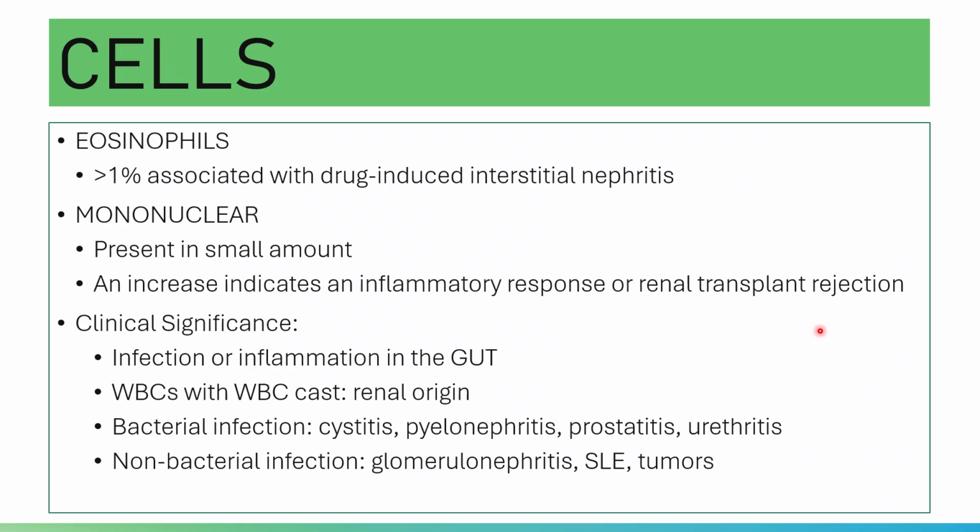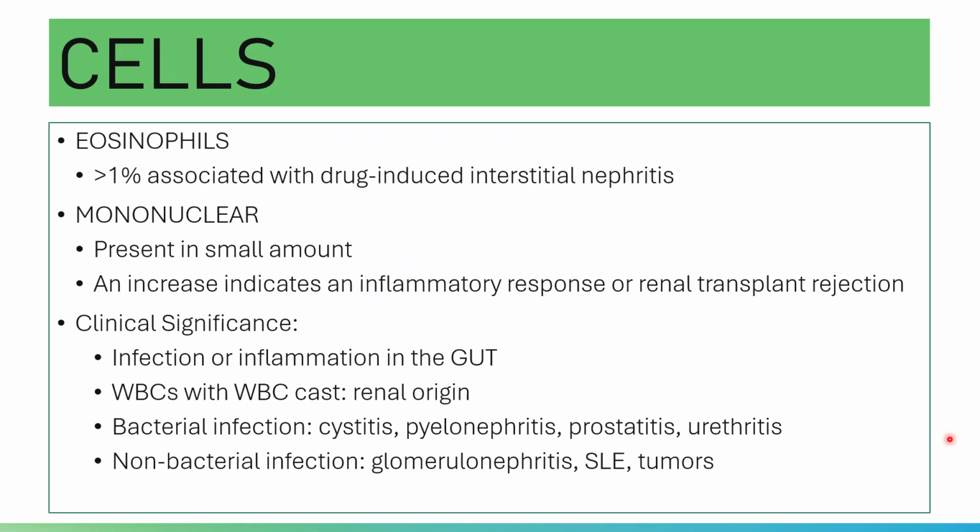Your mononuclears include histiocytes, lymphocytes, plasma cells, monocytes, and macrophages. They are present in small amounts.